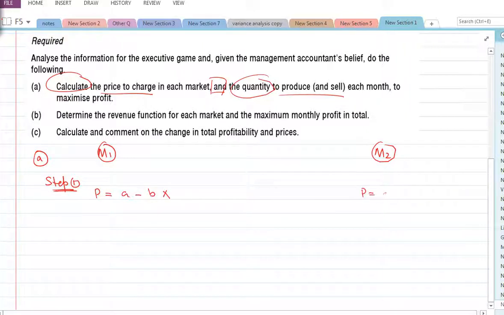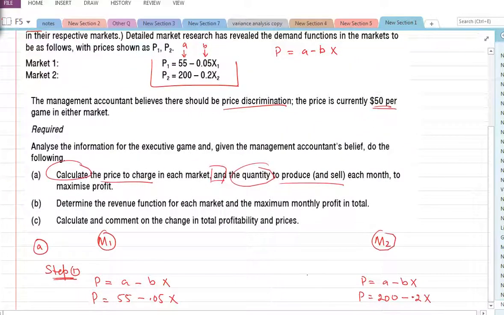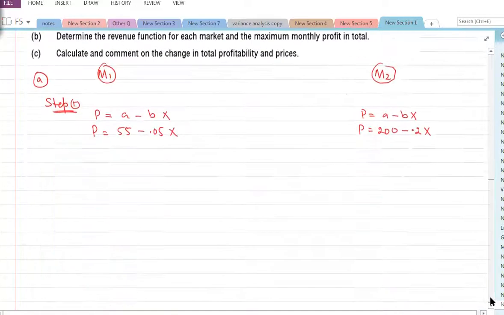P is equal to A minus BX, right? P is equal to A, which is given to us 55, minus B, which is given to us 0.05x. Similarly, P is equal to 200 minus 0.2x. So that's what we are given already, but we have written it down once again.